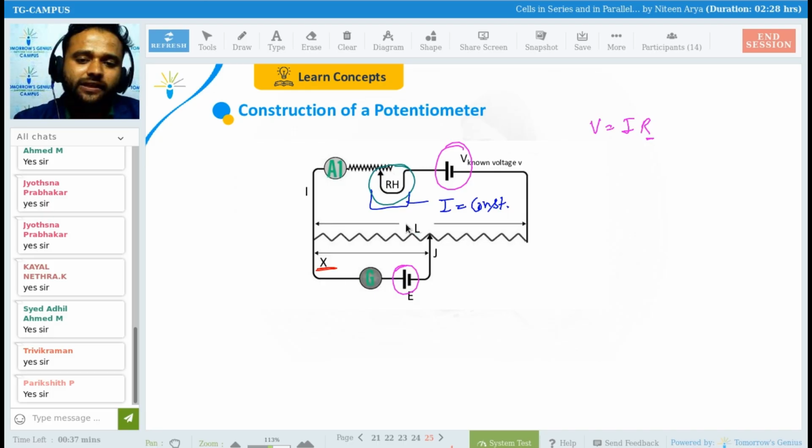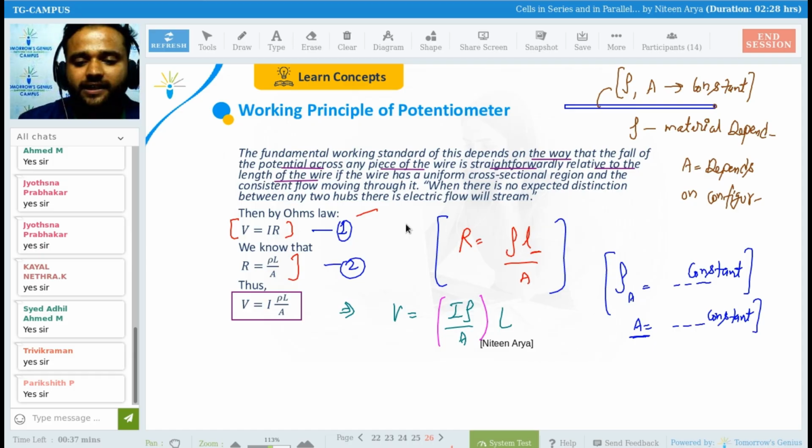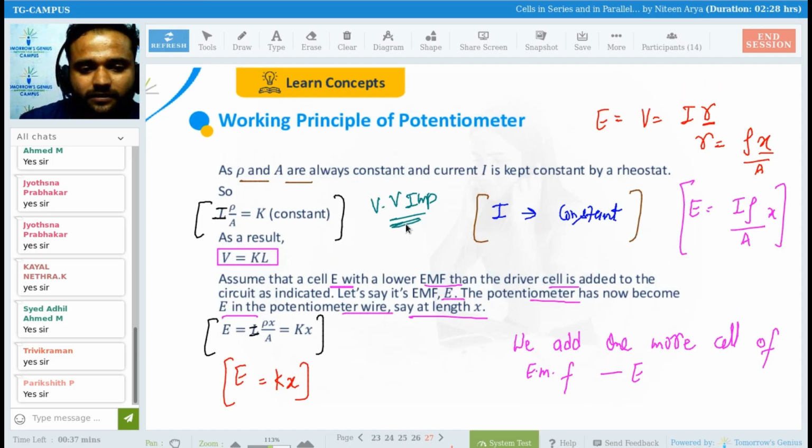A rheostat is a device where, even if I change this variable resistance, I stays constant. I here is current. Okay, beta. So then V is I rho by A times L, and this is your constant thing. I can put this as K in the next slide.